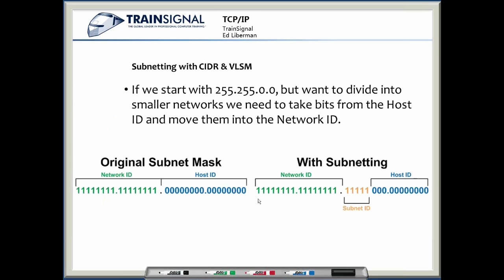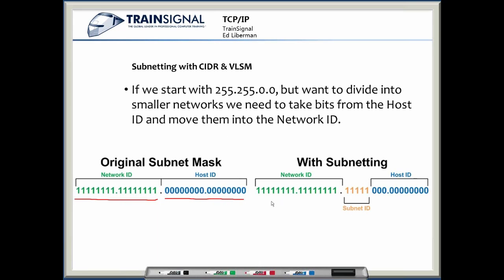If we were to start with that Class B range but want to divide it into smaller networks, we need to take bits from the host ID and move them into the network ID. Here's our original, where 2 octets are the network ID and 2 octets are the host ID.